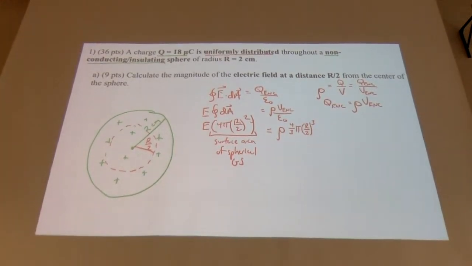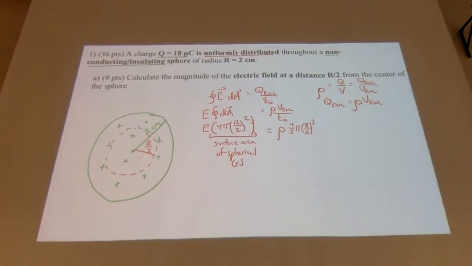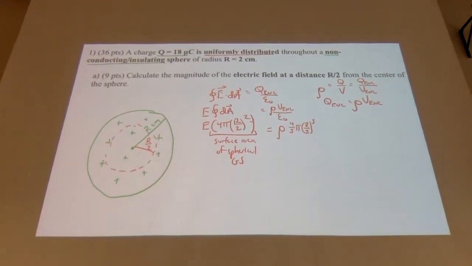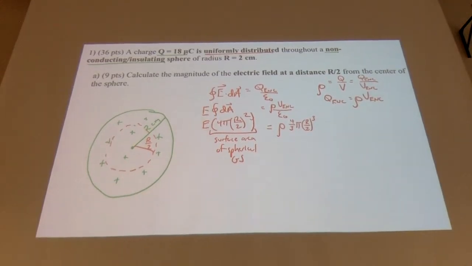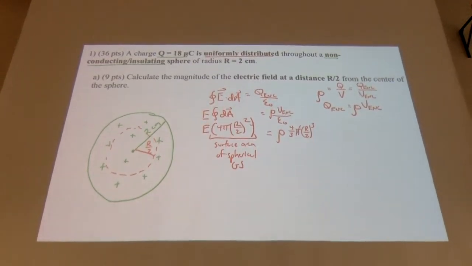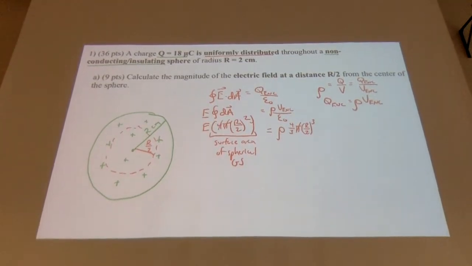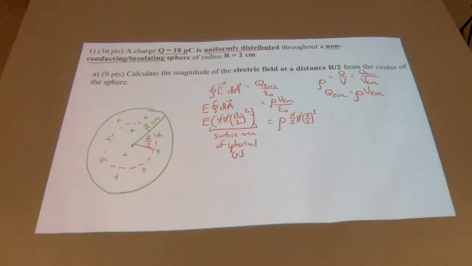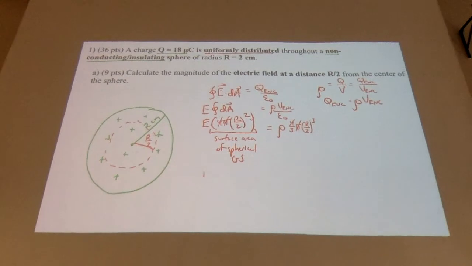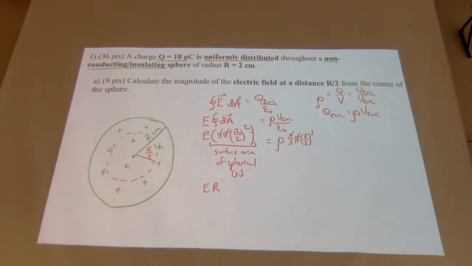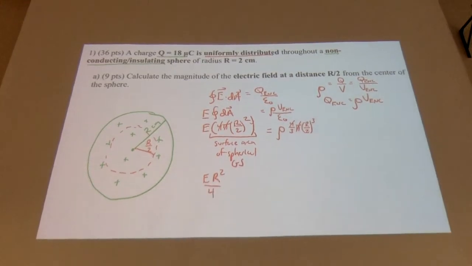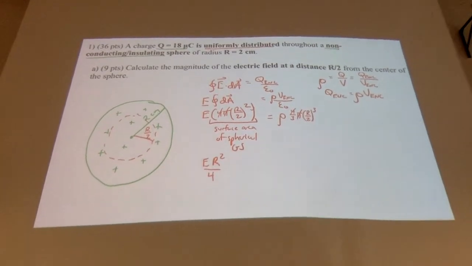So where does that get us? All of a sudden I'm seeing a lot of r's, pi, a couple of 4's. I think we can simplify this a little bit before we move on. The pi's are going to cancel out. The 4's are going to cancel out. Let me just rewrite what I have here. Now I've got E times r squared over 4 on the left side.